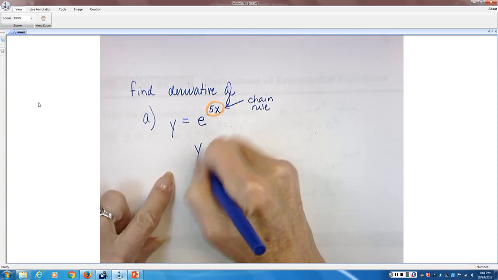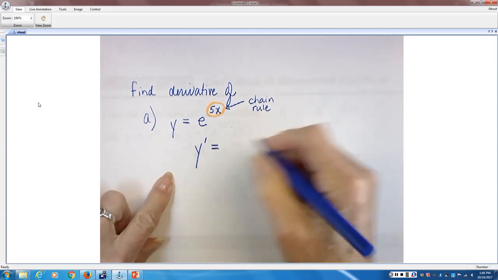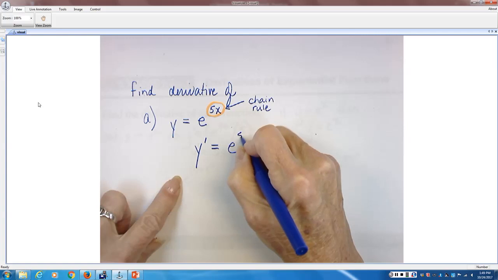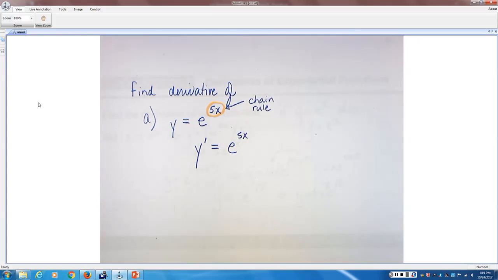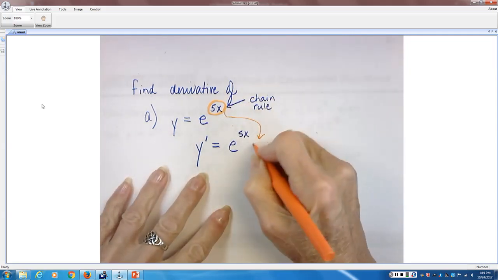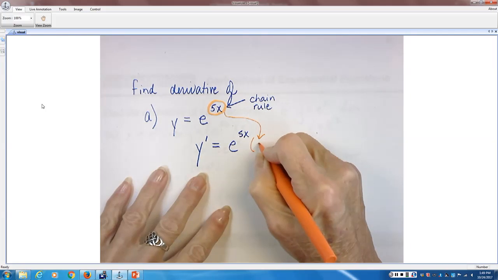So y prime is equal to e to the x, which is e to the 5x in this case because the power is 5x. And then we multiply by the derivative of that 5x. And that's just 5.